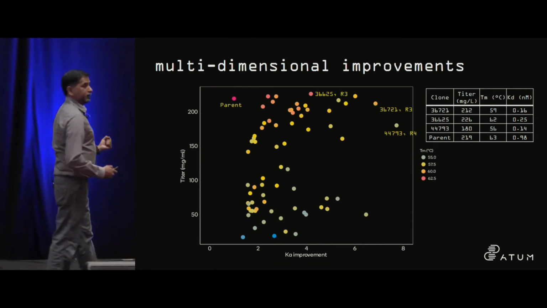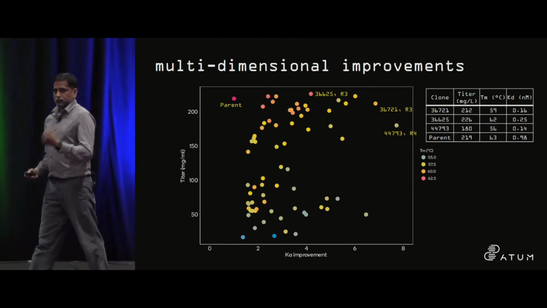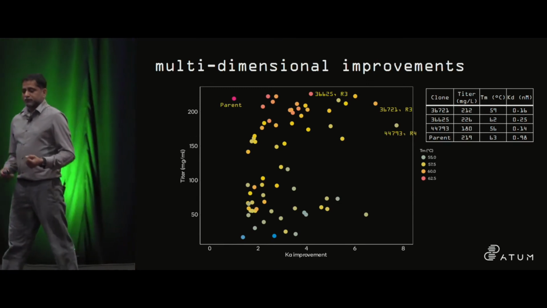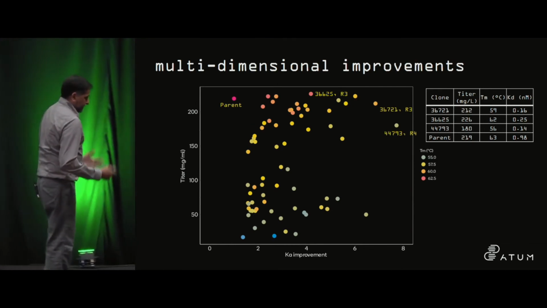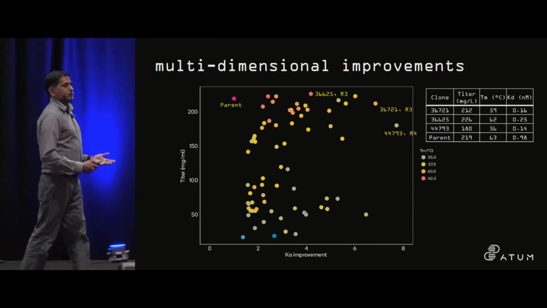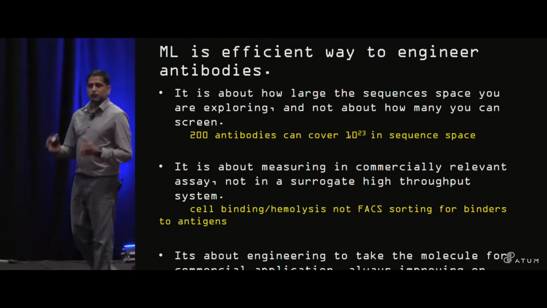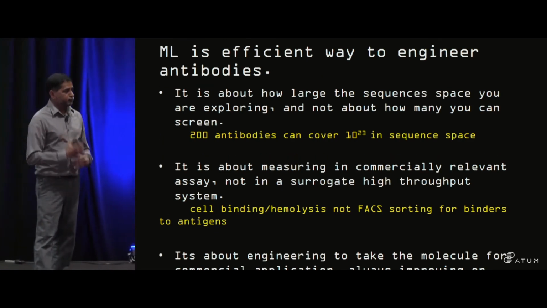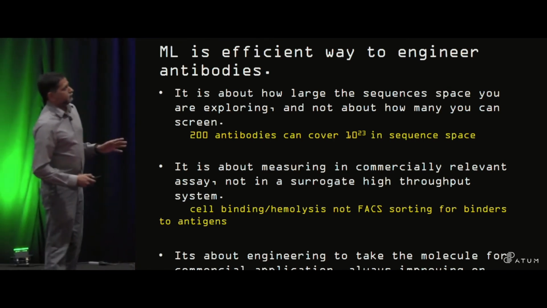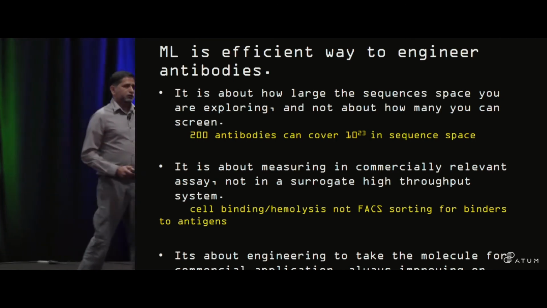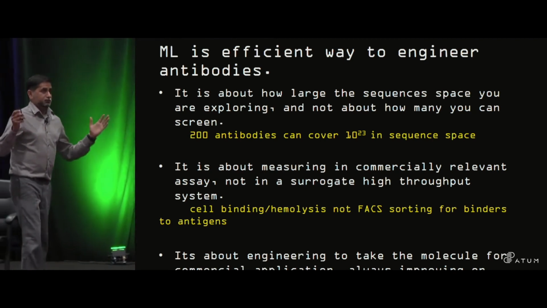It was well behaved, well performed, and we are still able to improve the activity, or in this case binding affinity, really well, while still maintaining a lot of other properties. So you don't have to do large library screening, as long as you do really efficient learning using a limited data set. For that, you need to upfront build, test and learn from those. And again, it's key to have good, relevant data, commercially important data, not just any screening that you can do because it's large.